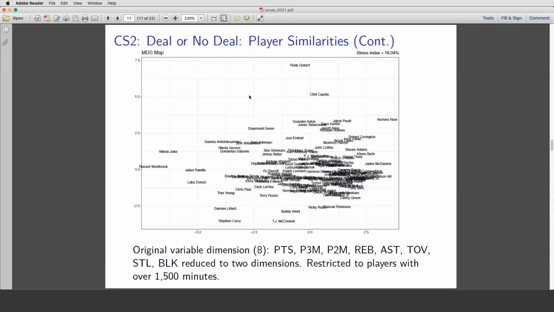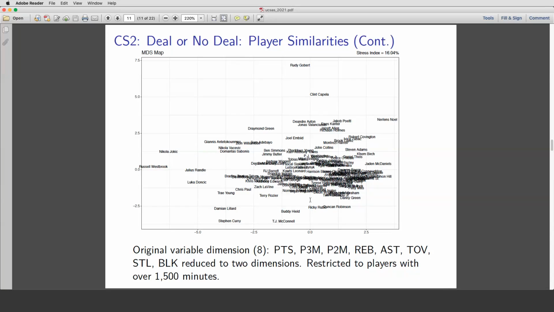Rudy Gobert is very good defensively, but really hard to get. Clint Capela is similar to Rudy Gobert. Think about the Atlanta Hawks, they traded for Clint Capela. Maybe they ran some type of analysis like this. Not saying they did, not saying they didn't. But you could say, if we can get a Clint Capela, we get a rough approximation of a Rudy Gobert, and it's going to help our defense.